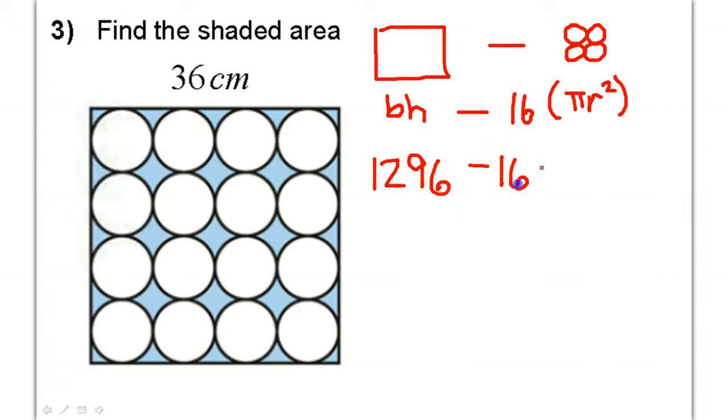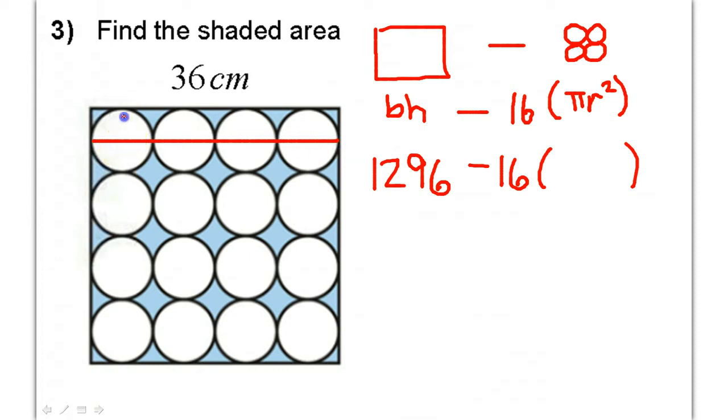Now, let's go ahead and find the area of one circle, pi r squared. Well, let's see. If this entire side is 36, well, that seems to be divided into 4 diameters. 1, 2, 3, 4.